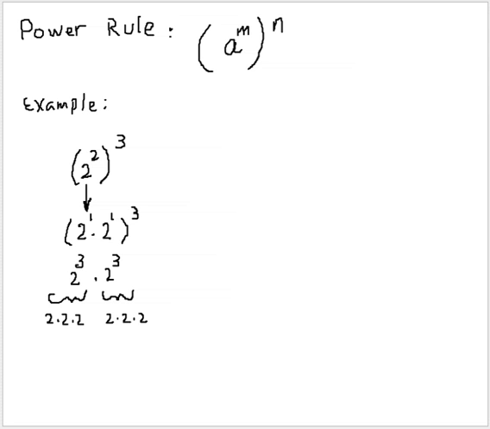So how many 2's do I get here? Elaine, can you tell me how many 2's I get total? Looks like I get 2 to the power of what? I have 1, 2, 3, 4, 5, 6, exactly 6. So looks like we keep the base here, and what are we doing to 2 and 3?